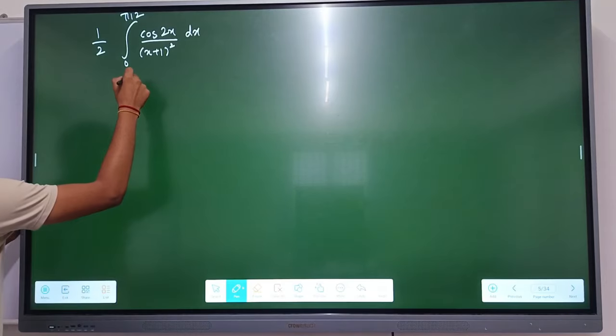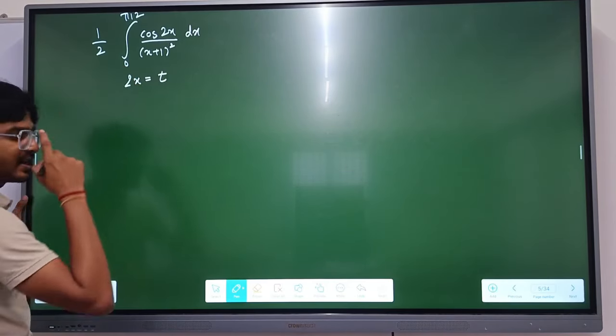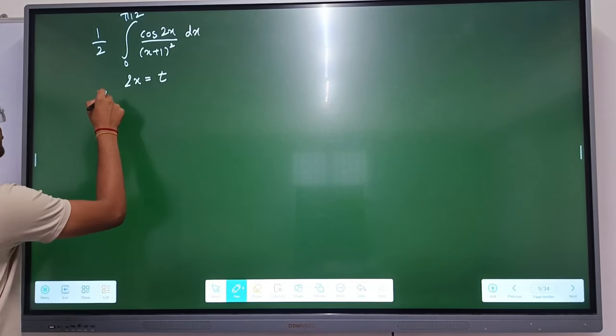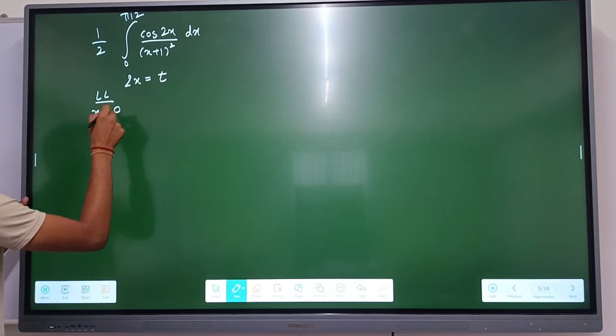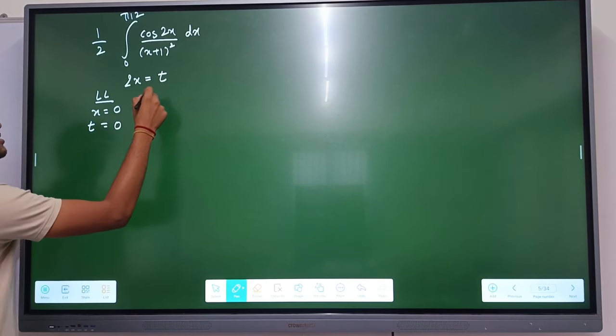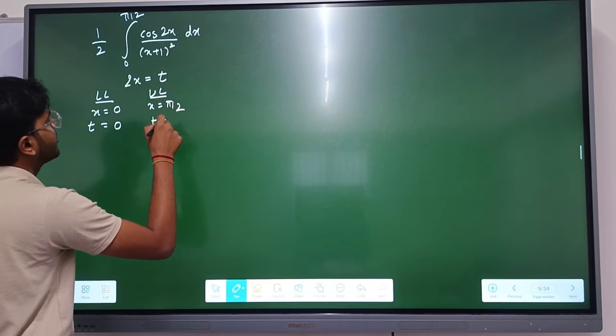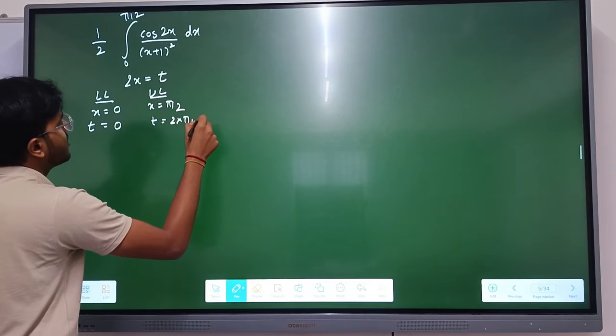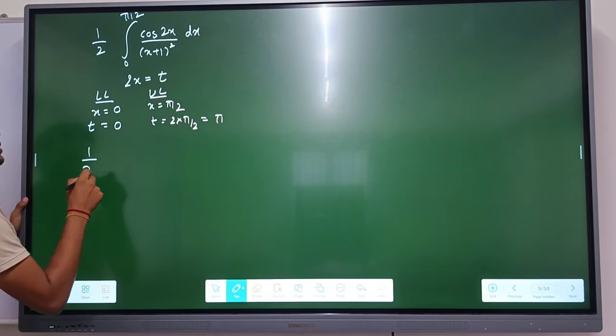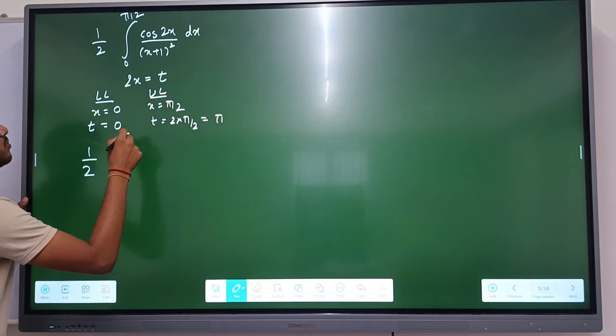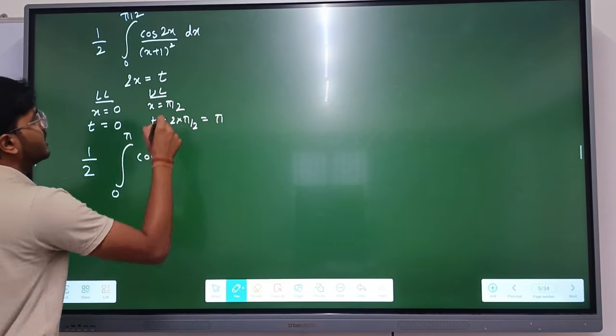Cos 2x. So what if I substitute 2x as t? What is the lower limit of x? 0. What will be the lower limit of t? 0. What is the upper limit of x? Pi by 2. What is the upper limit of t? 2 into pi by 2, pi. So it will be 1 by 2, integration 0 to pi.